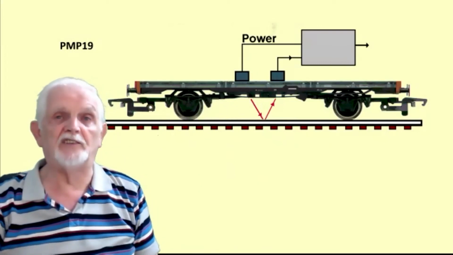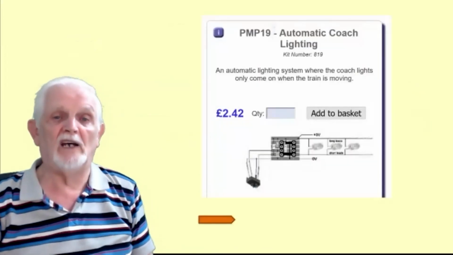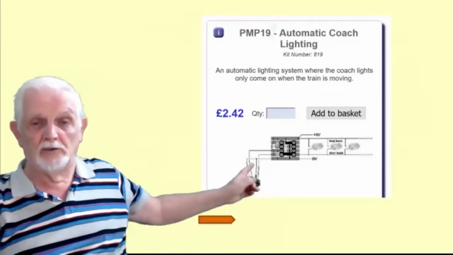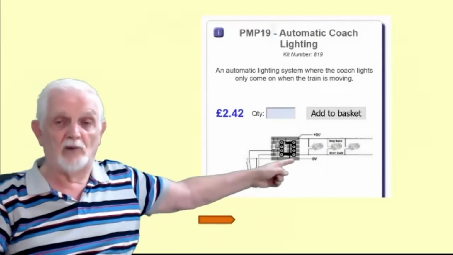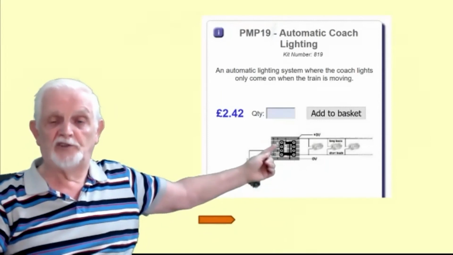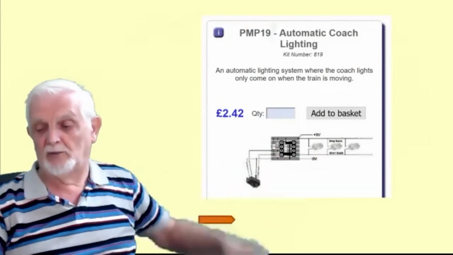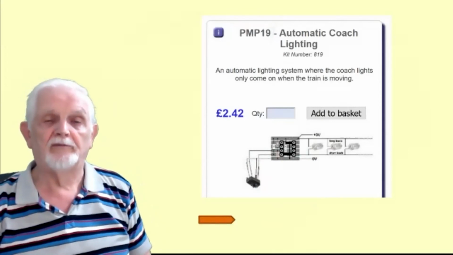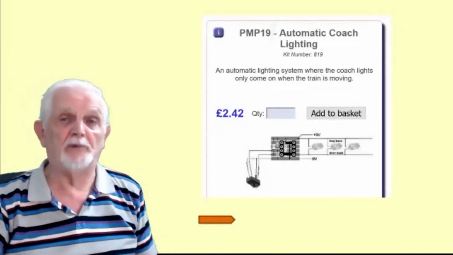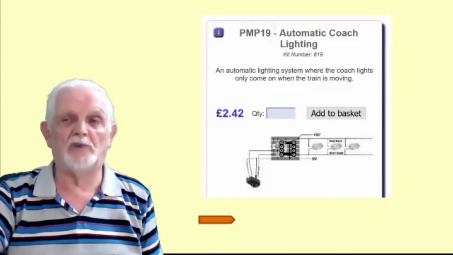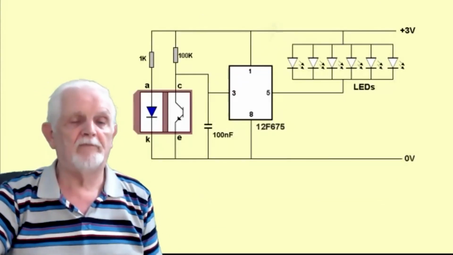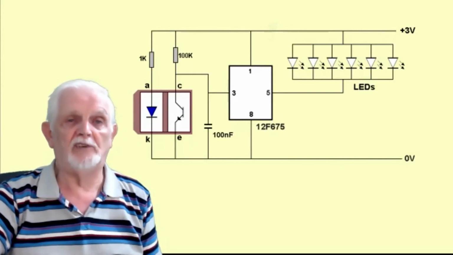In other words, that's the basis for the automatic coach lighting kit. You'll notice it's the same TCRT 5000, hardly any components, a 3-volt source, and it lights up 3-volt LEDs, and is very cheap. So it's still using reflection, but the opposite of what we normally think of it. There's a circuit. Couldn't be simpler really if you tried, I don't think.